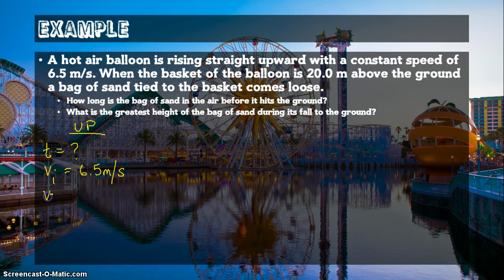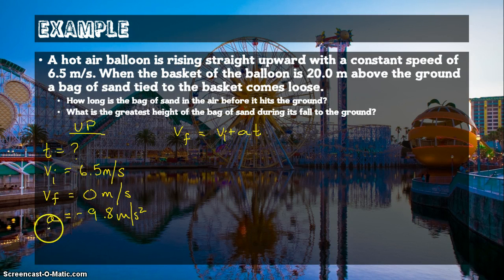We know that when it stops, the final velocity is going to be 0 meters per second. We also know the acceleration is still going to be negative 9.8 meters per second squared. So we can use this equation, Vf equals Vi plus At.